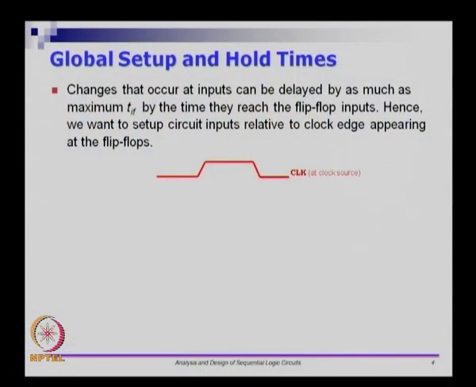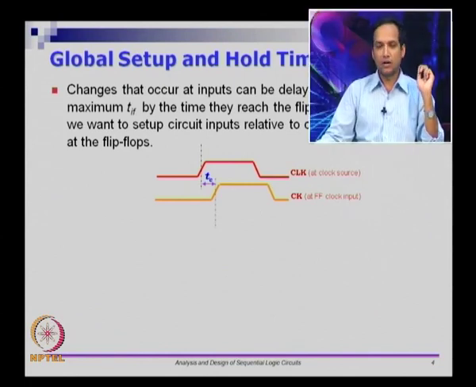So, let us see a signal called CLK. I am going to assume that the whole circuit is synchronous with respect to the positive edge trigger of the flops. So, let us assume that there is an external source called CLK, and internally it takes TC time units to appear at a flip flop. This could be because of the wire that connects from the input pin to the actual flip flop's clock input.